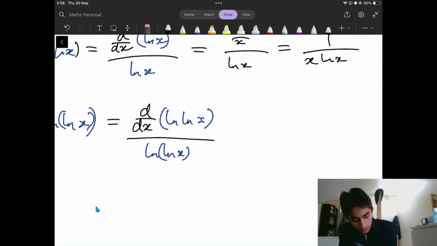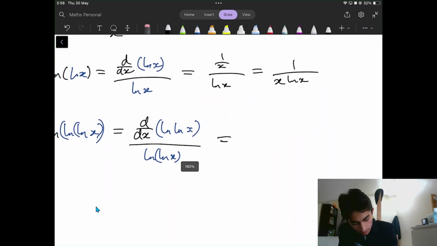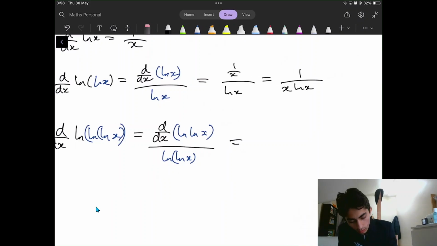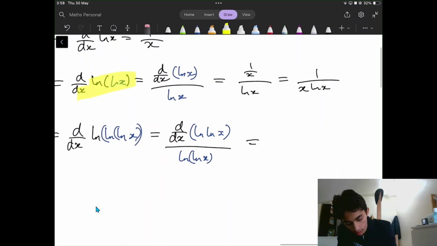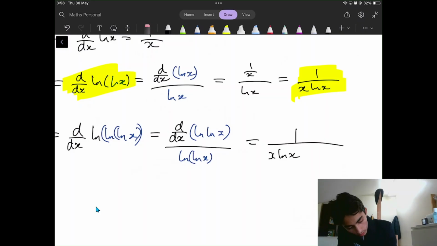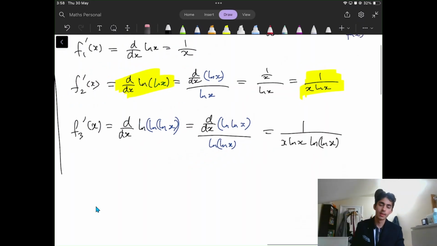And luckily for us, we already know the derivative of ln ln x. That is already worked out here to be 1 over x ln x, right? So all in all, we end up with 1 over x ln x times ln ln x, right? That is f3 prime of x.